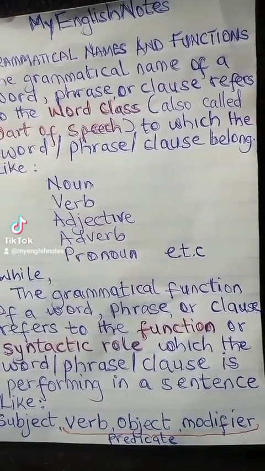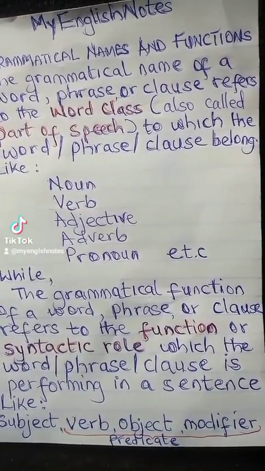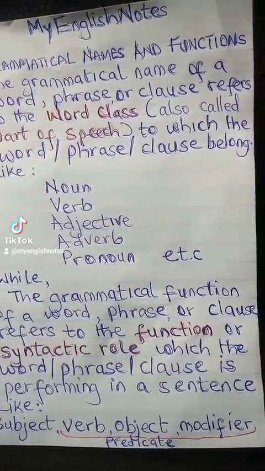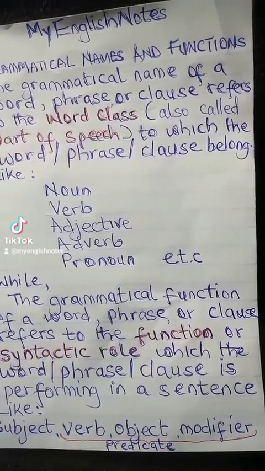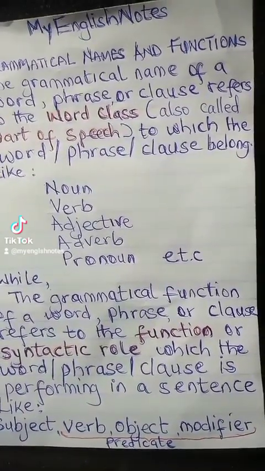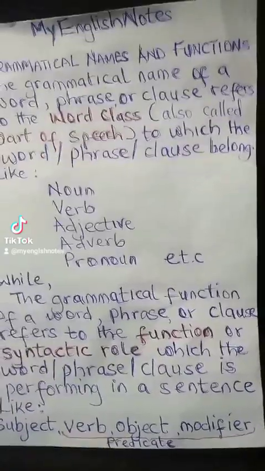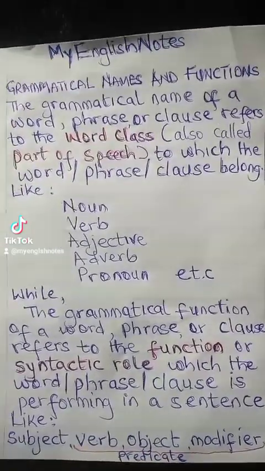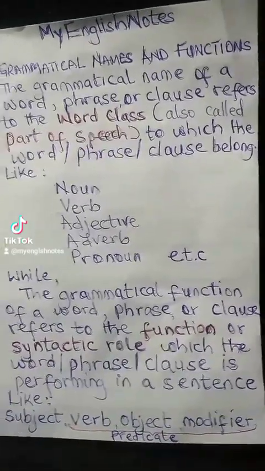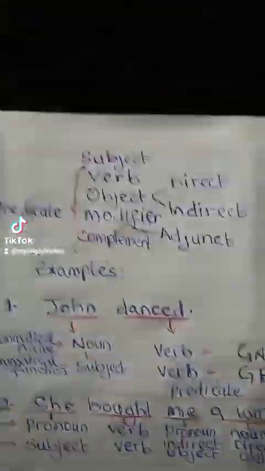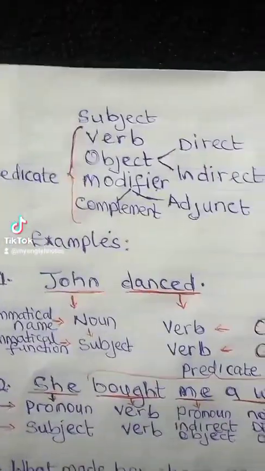Now, beginning from the verb of the sentence down to the end of the sentence is referred to as the predicate. So when you divide the sentence and take away the subject, the rest of that sentence is referred to as the predicate.